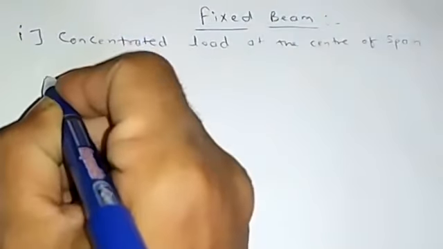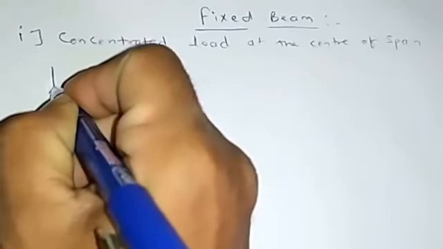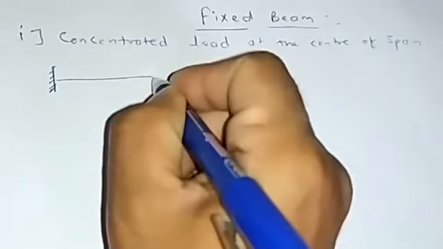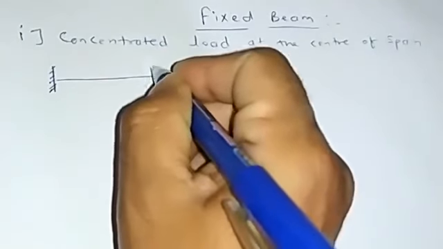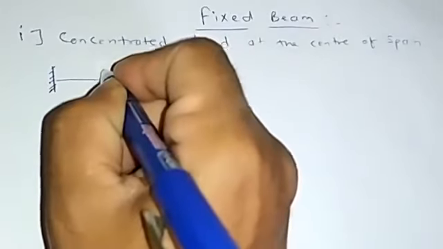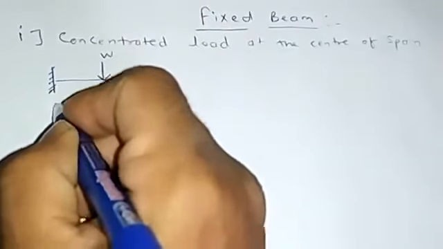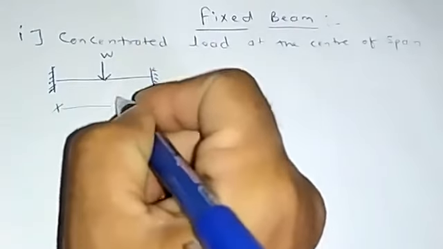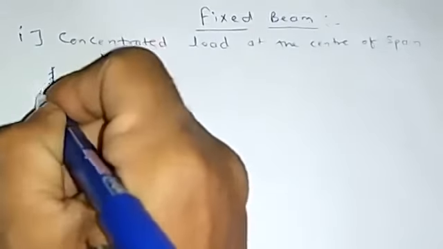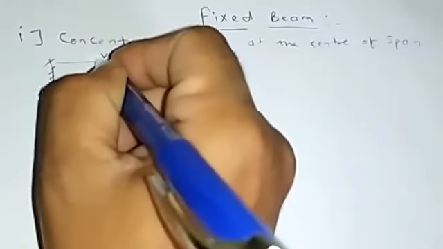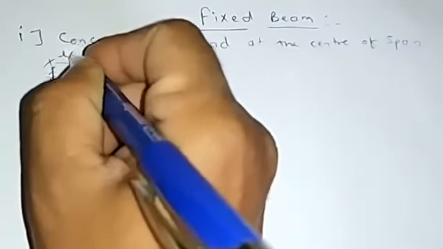So let us consider there is a fixed beam like this, having a load of W. Let us consider this is L, points A, B, and C. So this is L by 2.